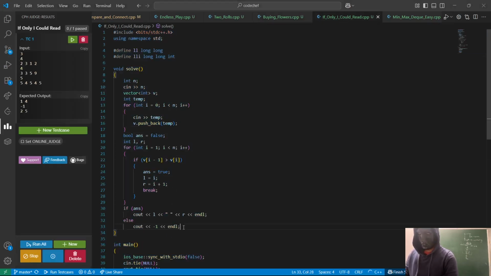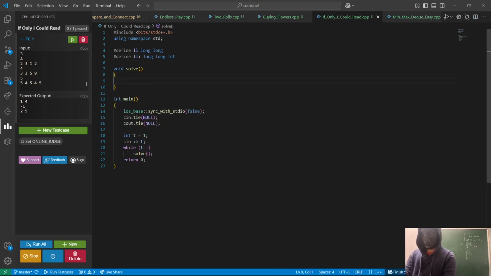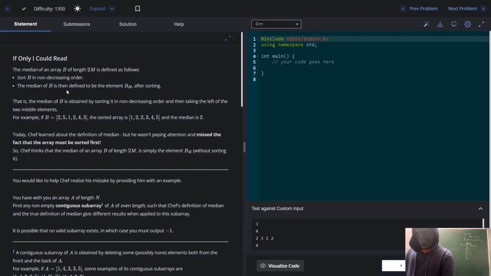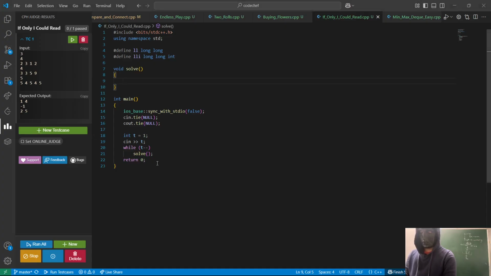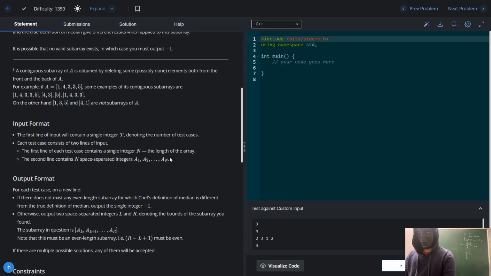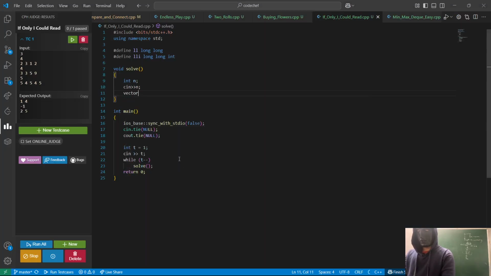Okay, let me code it up in front of you. We have test cases, so test cases handled here. We have integer n, we're taking input. We have n elements. I'll be taking them in a vector, let me call it v.